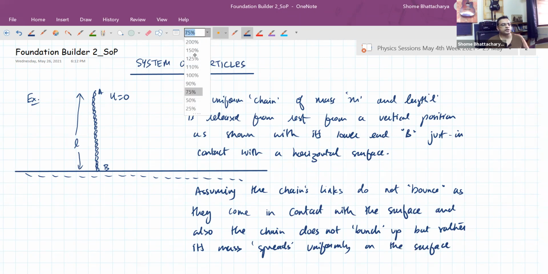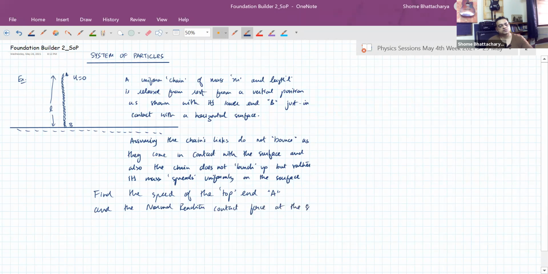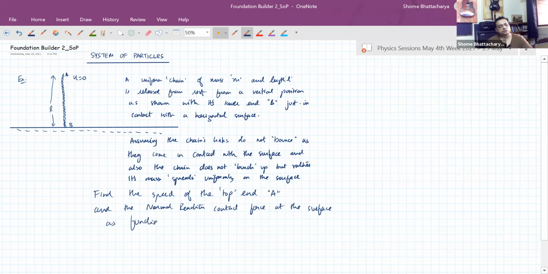So with these two assumptions in place, we have to find the speed of the top end A and the normal contact force at the surface as functions of x, that is the displacement of the point A. So just take down the language of the question or understand it carefully, then we'll discuss how to solve this.